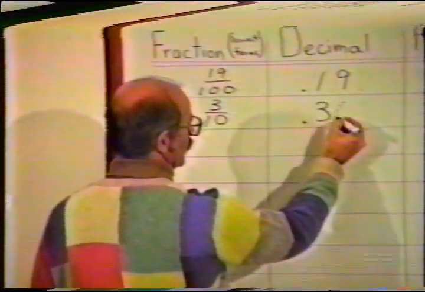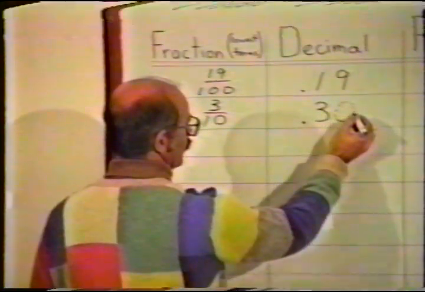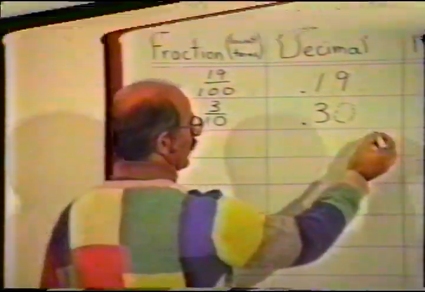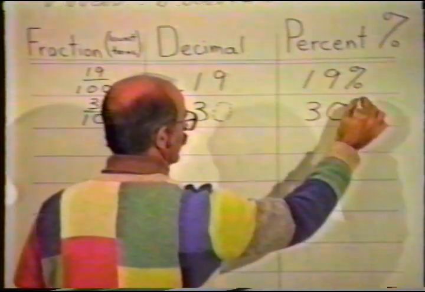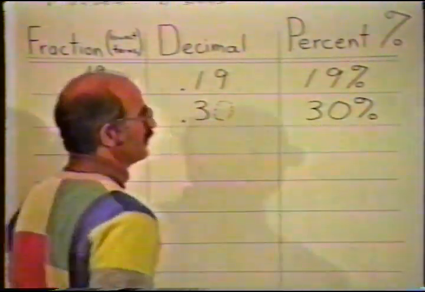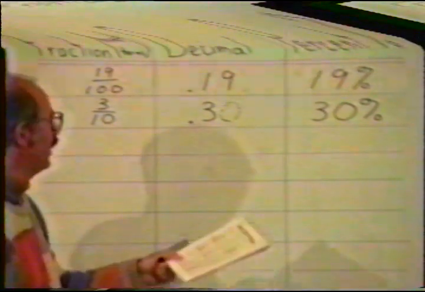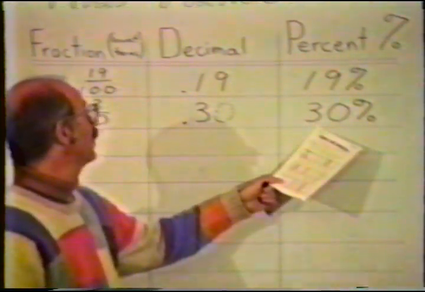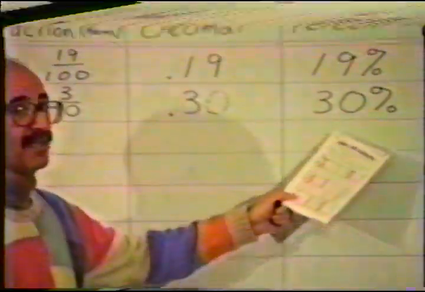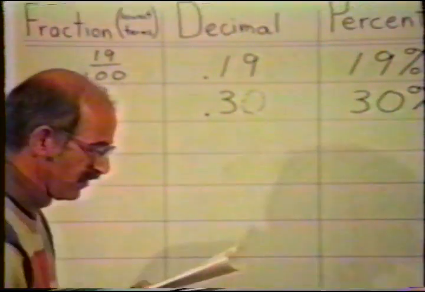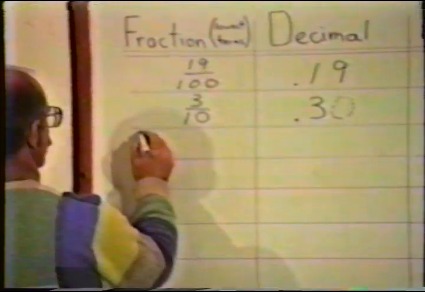A 0. I'll just lightly put in a 0. Then I have the number 30, and I add on the end a percent sign, and the answer is 30%. 3/10 is the same thing as 30%.